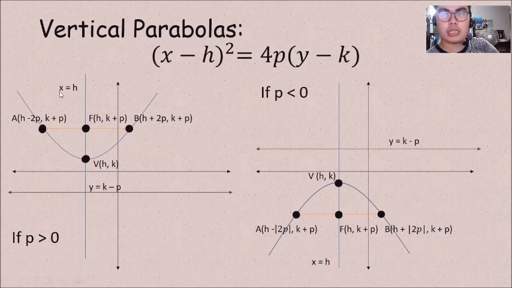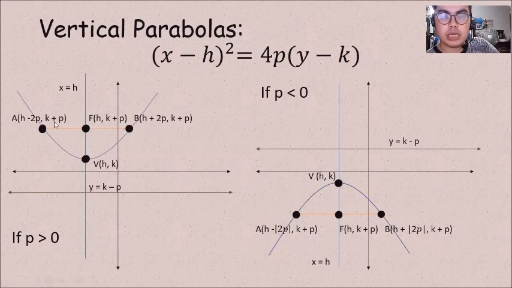Okay, so in order to get the axis of symmetry, we can get the value of x from the vertex. Okay, so in order to get the endpoints of the latus rectum, we need to copy the y-coordinate of the focus. So the coordinates for the endpoints of the latus rectum are the same with the focus in terms of y.